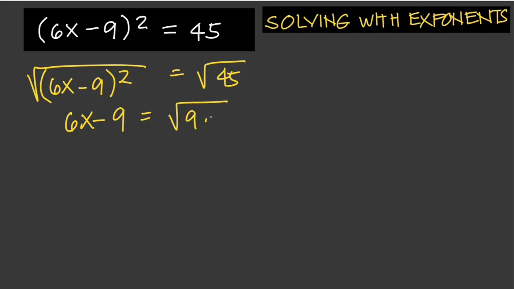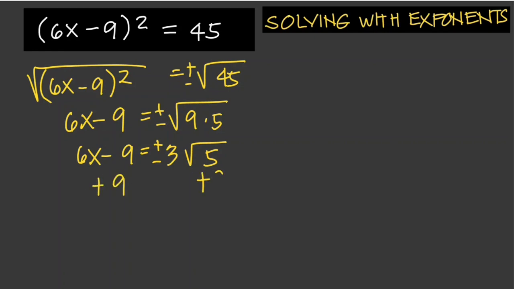You can write 45 as 9 times 5. So 6x minus 9 is equal to the square root of 9, which is 3, so that is 3 square root of 5, plus or minus. Okay, so we add 9 to both sides.